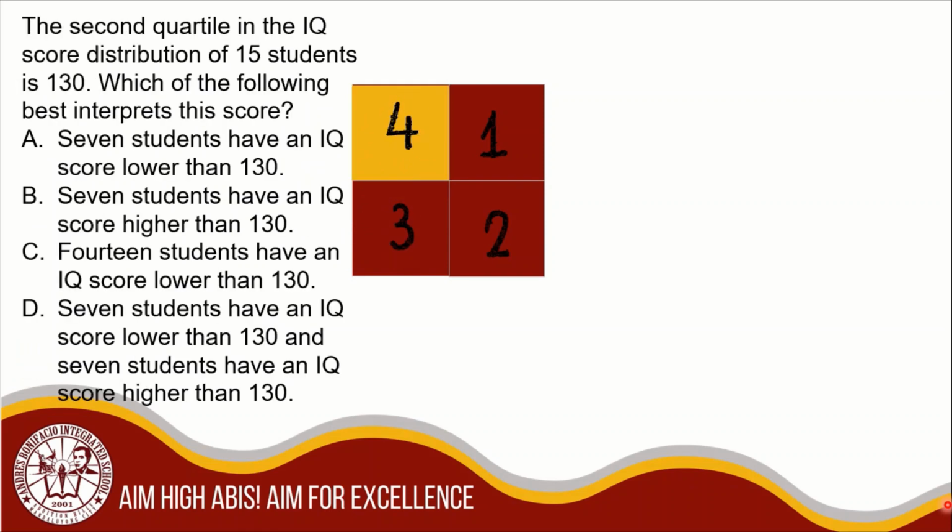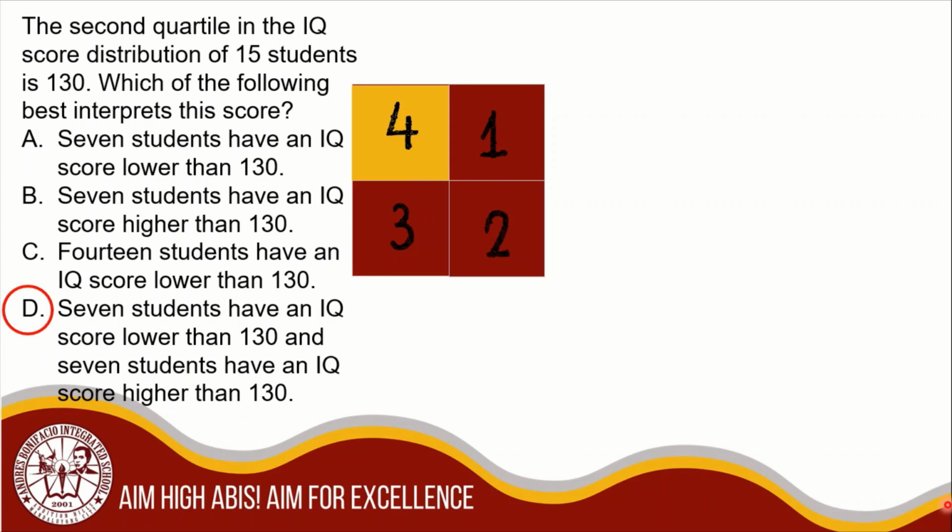Last question. The 2nd quartile in the IQ score distribution of 15 students is 130. Which of the following best interprets this score? Correct.